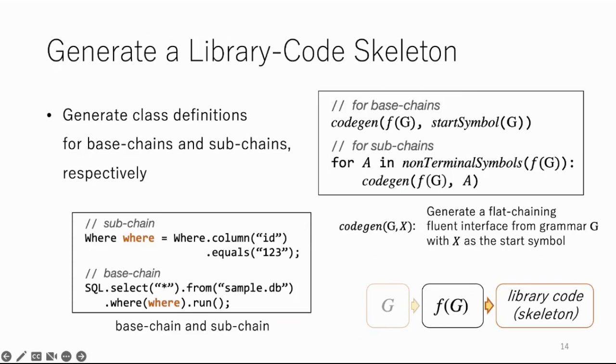The first argument is the grammar, and the second argument is the start symbol. The set of valid methods changes depending on which non-terminal symbol it corresponds to. So we repeat generating class definitions for each non-terminal symbol for subchains.